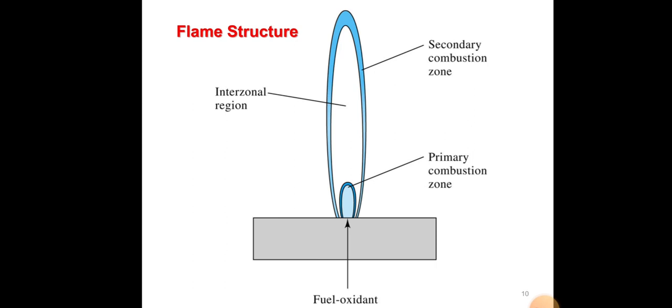That is not an appropriate region for absorbance measurement, because in this region there is a possibility of oxidization of the sample, because the flame is in contact with the atmosphere, with the air, and the sample atoms can be oxidized by air. So the most important part of the flame for measuring the absorbance is the interzonal region.